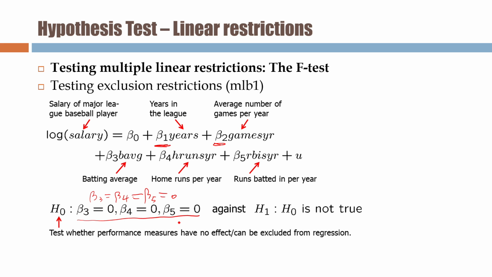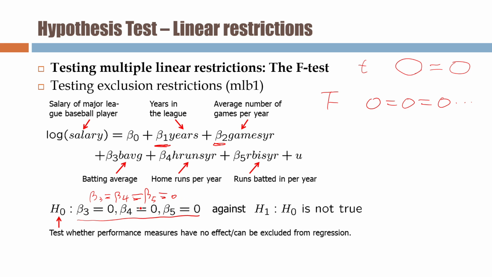Since we have multiple variables and compare them, because there are so many equals, 3 different equals, that's why we have to use the F-test, not the t-test. The t-test has only something equals something, but the F-test is something equals something or more, right? So you have to use an F-test.